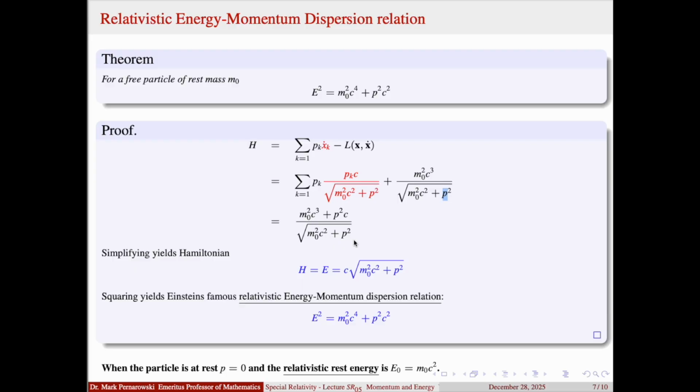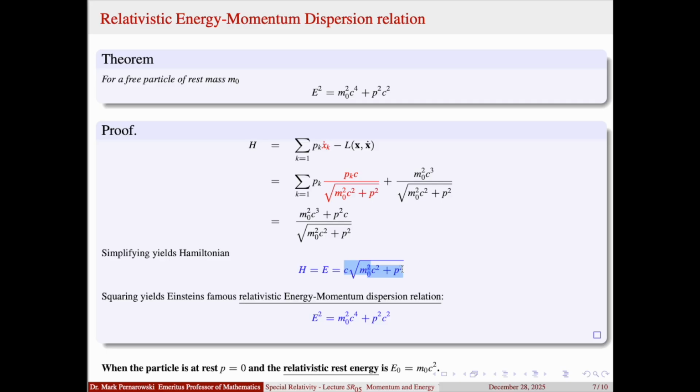I've got a common denominator, and I look at the top, and I say if I factor out c, the top is the same as what's underneath the square root, and I can simplify it, and I get that the Hamiltonian for the free particle is equal to the energy is equal to this expression here.